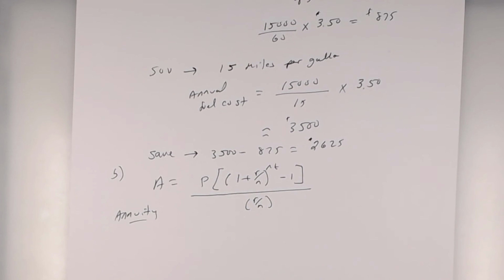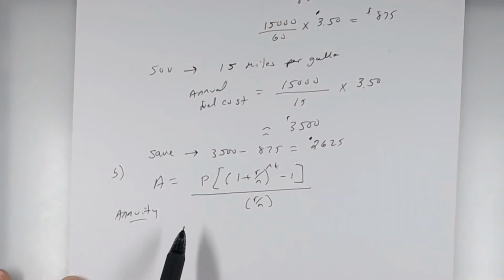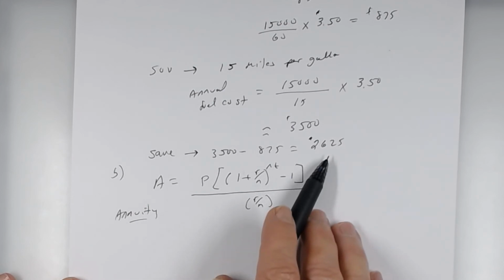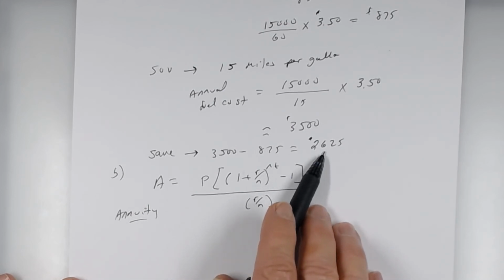All right, now listen. Part B. If you deposit your savings, how much did I save in part A by doing the hybrid instead of the SUV? How much did I save? $2,625.